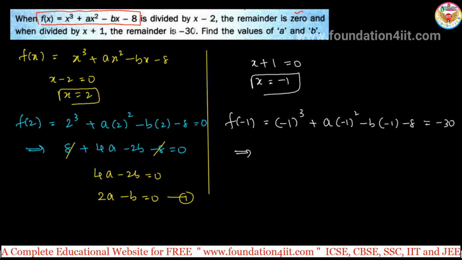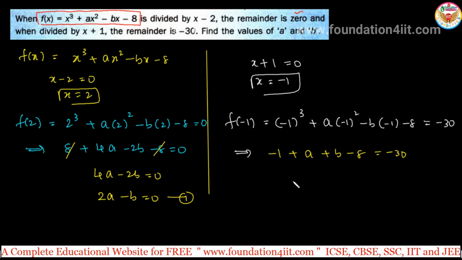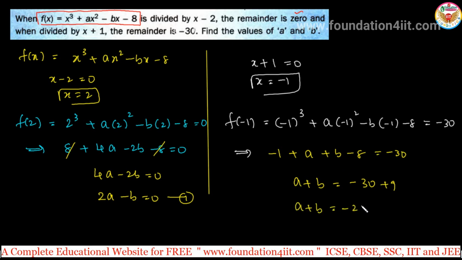We'll get one more equation. Minus 1 cube is minus 1, minus 1 whole square is 1 into a, so a, plus b minus 8 is equal to minus 30. Simplify this now: a plus b minus 1 minus 8 is minus 9, which becomes plus 9 on the other side. So a plus b is equal to minus 21. Equation 2: a plus b is minus 21.